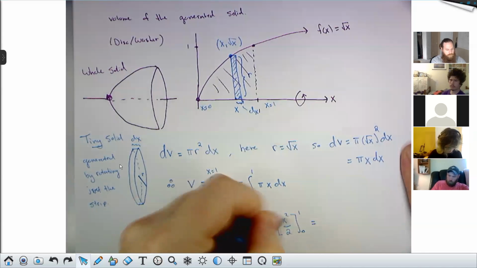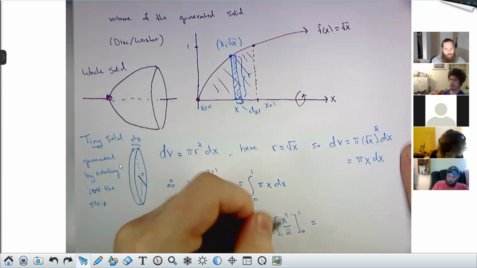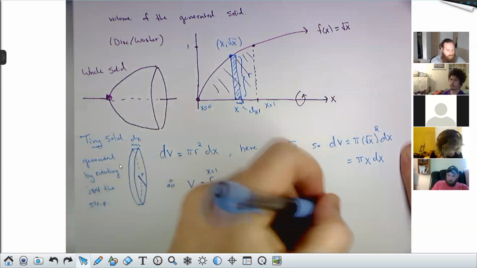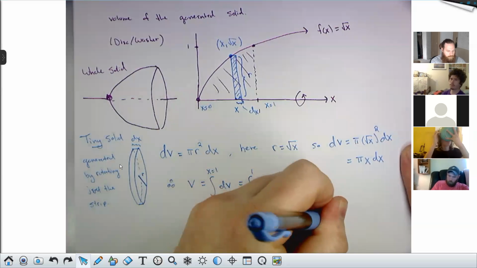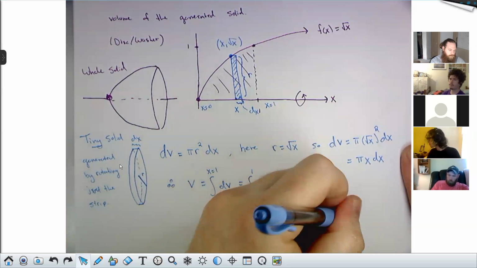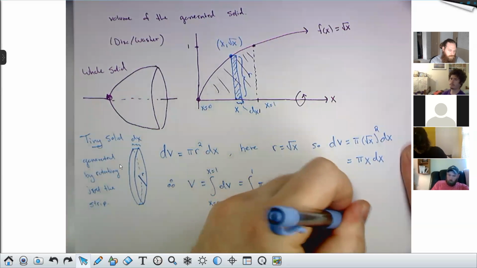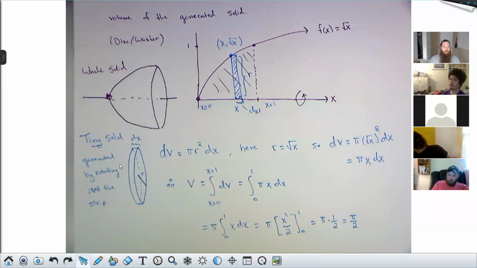And if you plug in 0 here, you get 0. So the only information comes out when we plug in 1. You get pi times 1/2, or pi over 2. And that's the volume of this whole purple solid.